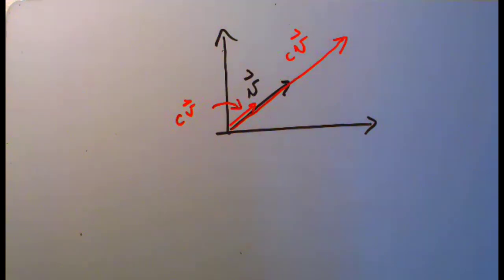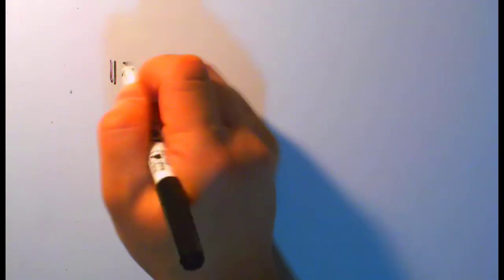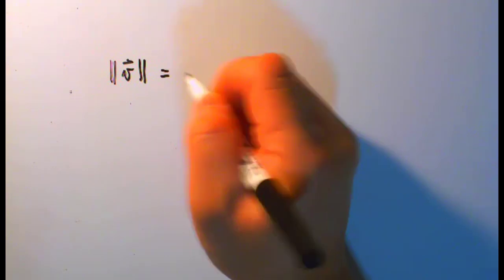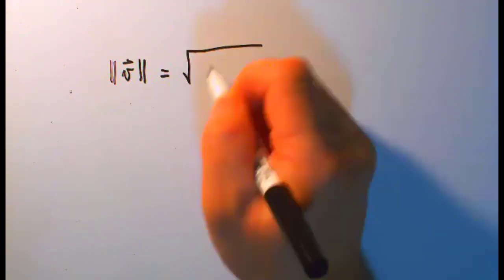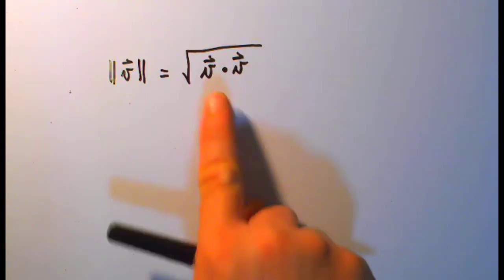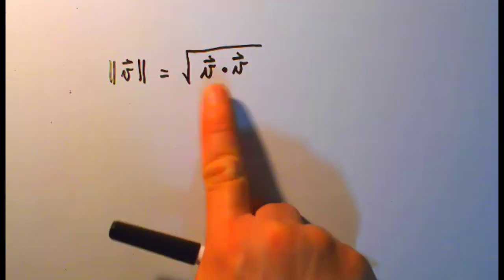And so we also agreed earlier that the length of any vector is the square root of v dot v. But the dot product is a scalar.